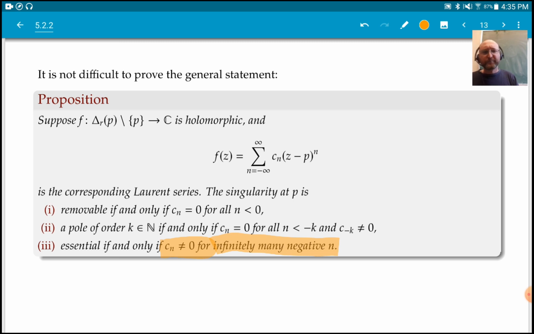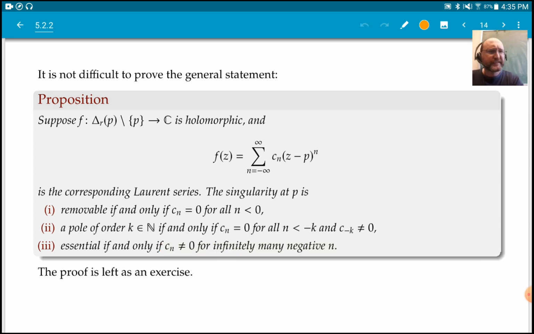So if you have the Laurent series, you can decide on the type of the singularity, and vice versa. If you know the type of the singularity, you know how the Laurent series will look. Either it starts at some non-negative n, in which case it's removable, or it starts at some finite but negative n, in which case it's a pole, or you have to start at minus infinity, in which case it's essential.